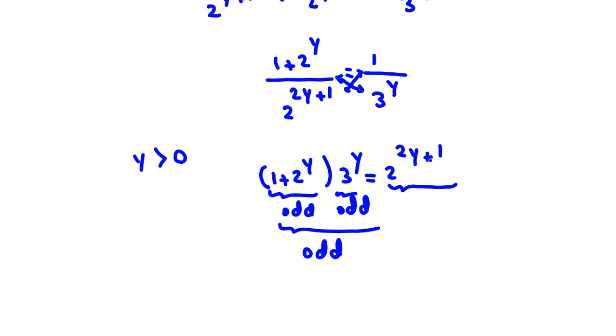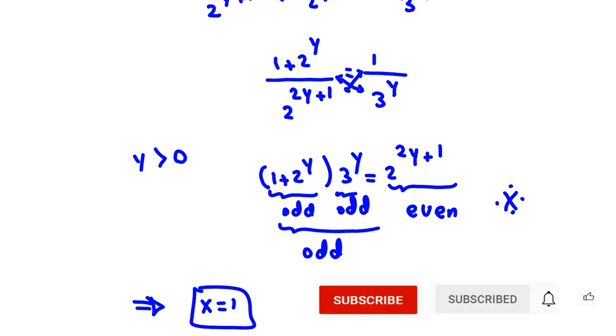Here, 2y plus 1 is at least 3, so 2 to the power of a positive integer is even. So even equals odd, and that's a contradiction. We conclude that the only answer for this problem is x equal to 1.